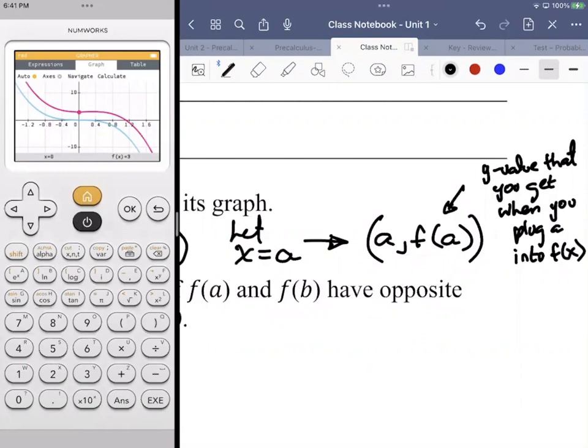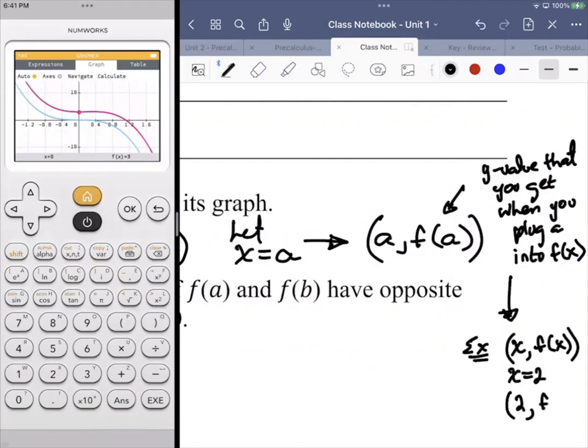So for example, if I have x comma f of x, and then somebody tells me that x is equal to 2, then I'm looking at 2 comma f of 2. That's what we call evaluating a function, right?